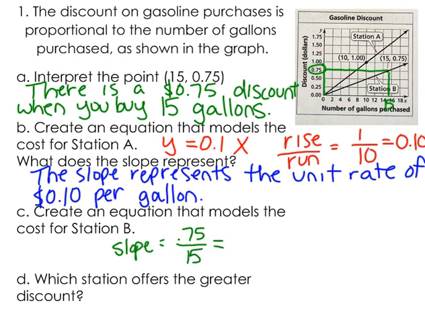Now, it's not really proper form to have a decimal within a fraction if you can avoid it. So I'm going to divide 75 hundredths by 15. And when I do, I get 5 hundredths. So for the equation, I would have y equals 5 hundredths x. And this tells me that it would be a discount of 5 cents per gallon.